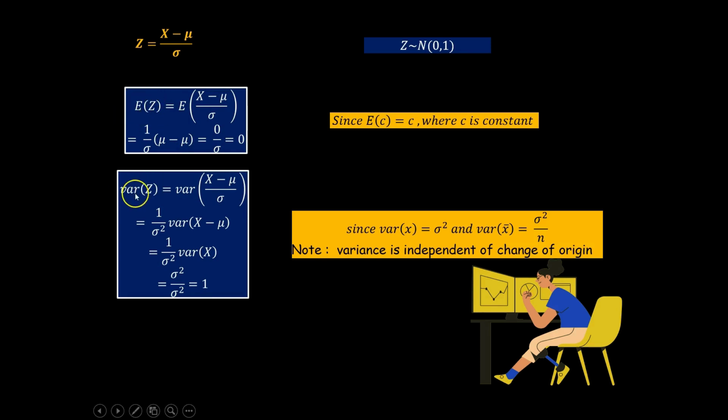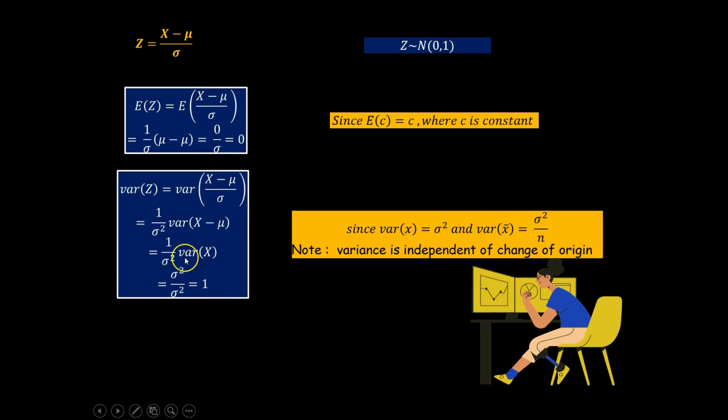And in terms of variance, in the context of mathematical expectation, we substitute these values here and get it like this. It is very simple arithmetic, just plus and minus. But here you have to remember that the variance is independent of change of origin. That is why this term gets cancelled, or this whole mu becomes 0.